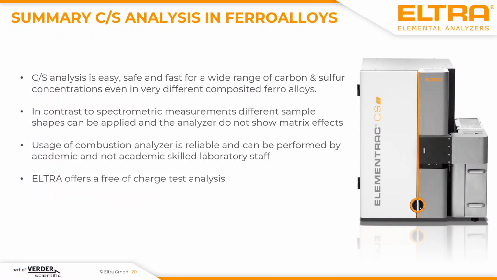In contrast to spectrometric methods, the carbon-sulfur analysis with a combustion analyzer is pretty easy for a lot of alloys which are present in the ferroalloy industry. And this is something you always have to consider, that this is a reference technique which is very easy to use. When you would like to get information about your sample, I will show you some more details on the next slide.